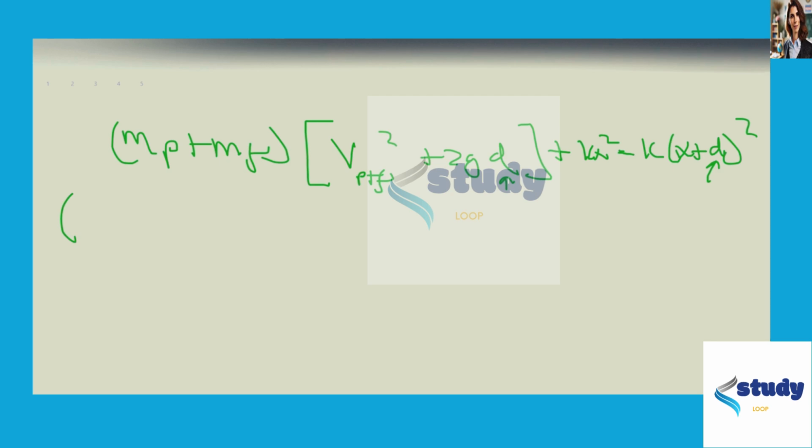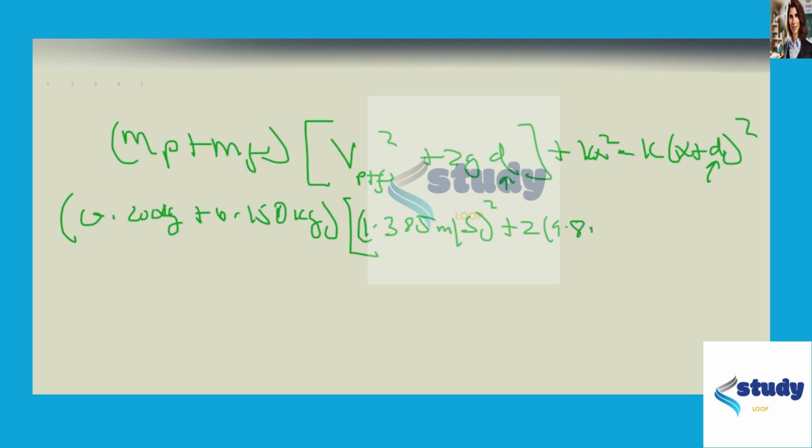Plugging in the numbers, we get 0.200 kilograms plus 0.150 kilograms. The final velocity for both of them is 1.385 meters per second squared, plus 2 times the acceleration due to gravity, 9.8 meters per second squared, and then times the displacement, plus, remember we got the spring constant.